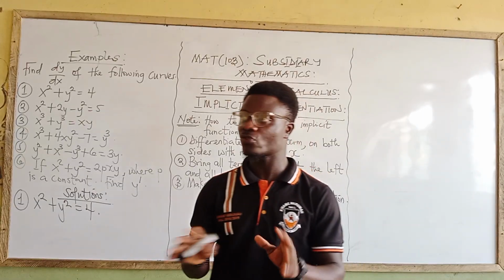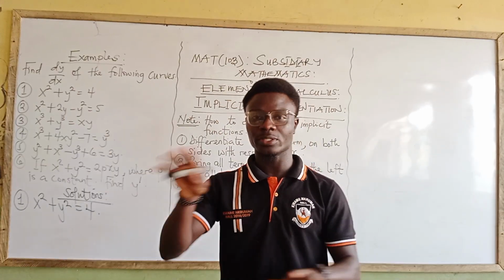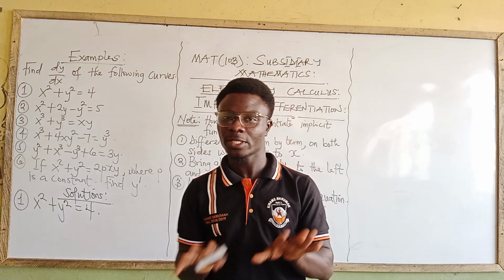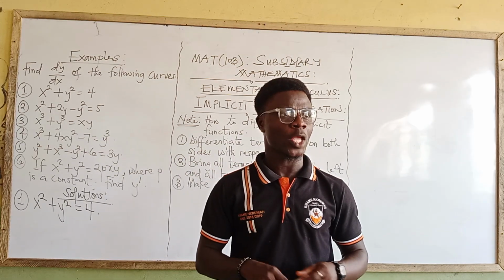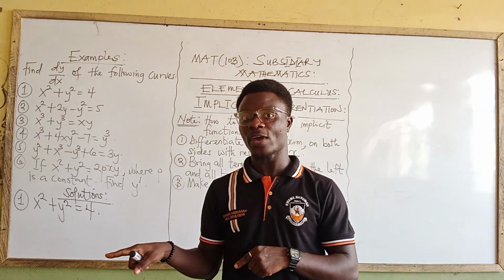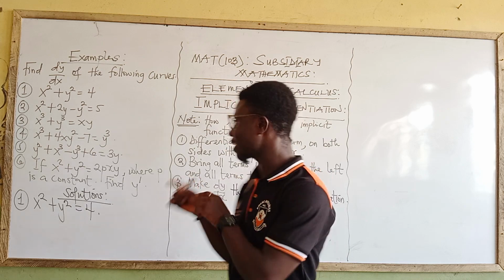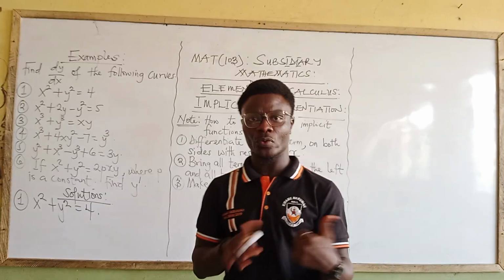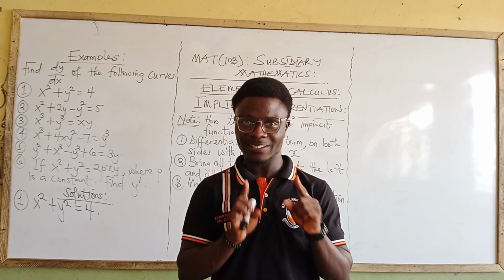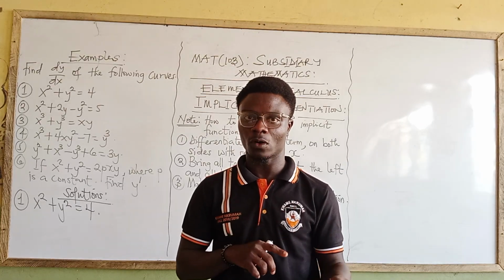I'll teach you the tricks later, so don't worry yourself. But what we are specifically using is the chain rule. So remember to treat y as a function of x, because this one is implicit and we are differentiating with respect to x.